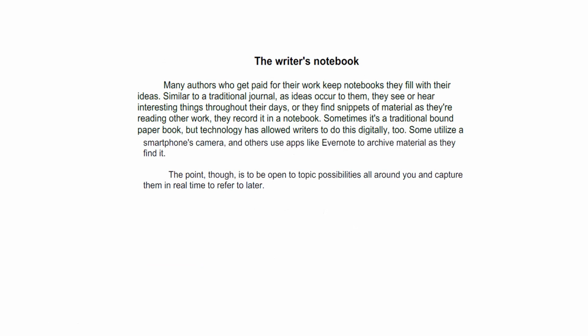Sometimes it's a traditional bound paper book, but technology has allowed writers to do this digitally too. Some utilize a smartphone's camera, and others use apps like Evernote to archive material as they find it. The point, though, is to be open to topic possibilities all around you and capture them in real time to refer to later.